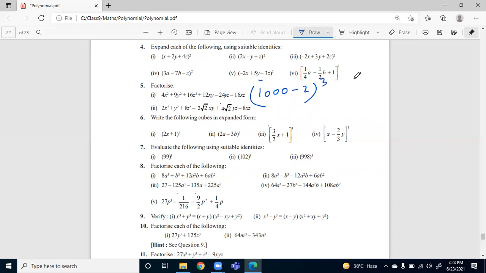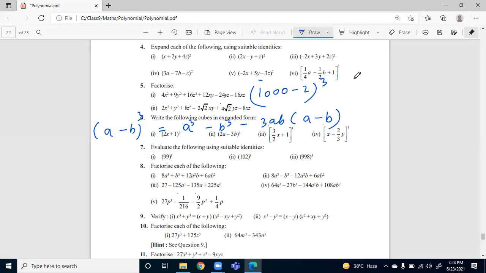So which identity is it? Ma'am, a plus b whole cube. No, ma'am, sorry, a minus b whole cube. Yes, a minus b whole cube. You can see the negative sign in between 1000 and 2. So the identity is a cube minus b cube minus 3ab into a minus b.